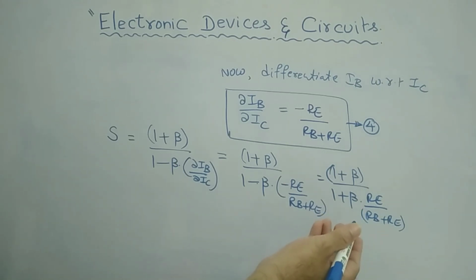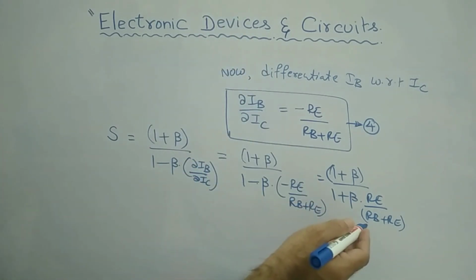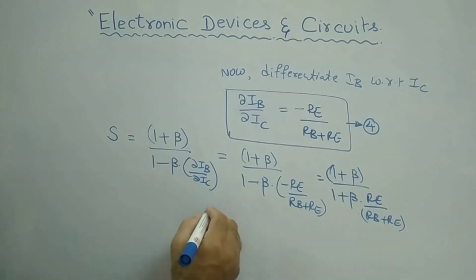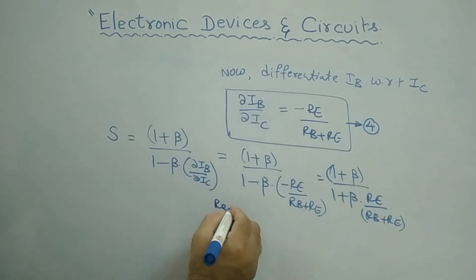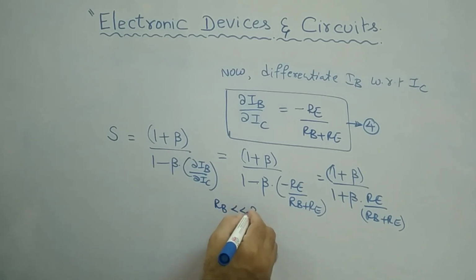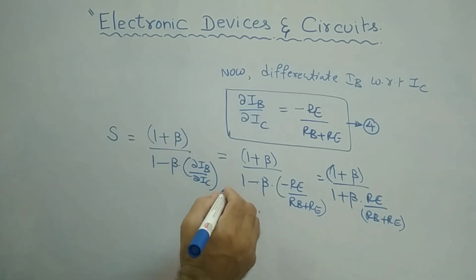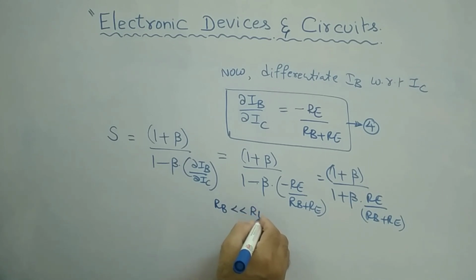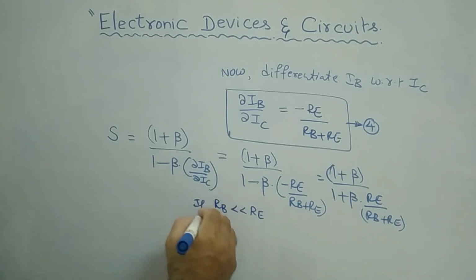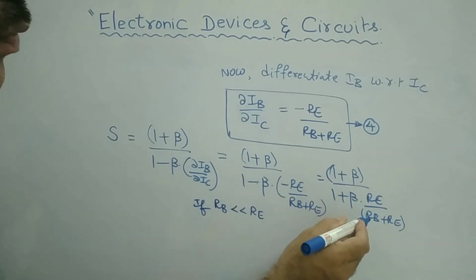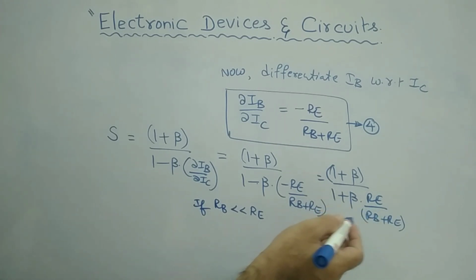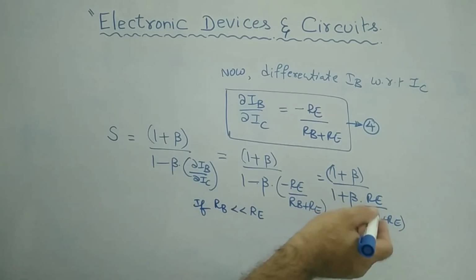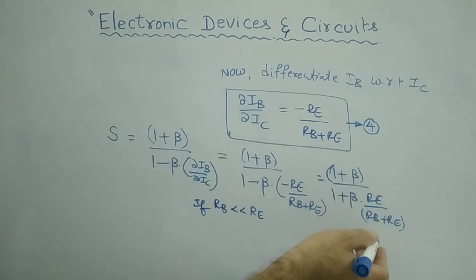Here also, as we assumed in the collector to base bias, if your RB is very much less than RE, then RB plus RE is approximately RE.